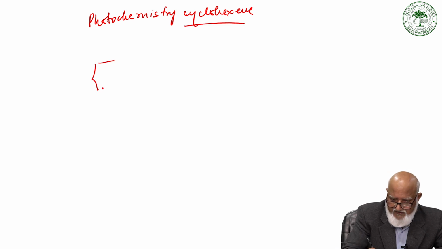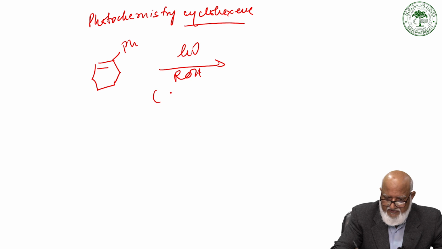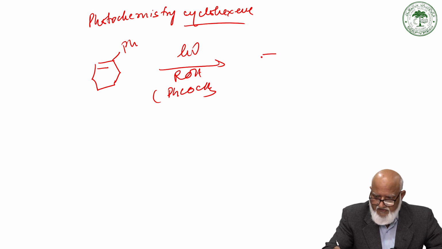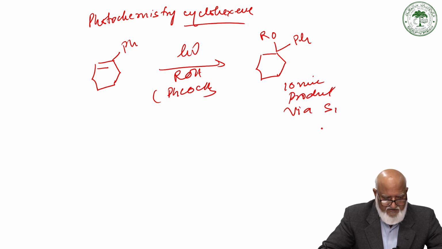If we have this one in the presence of methanol, ROH, and the sensitizer is acetophenone, it gives the ionic product, OR plus phenyl, via the S1 state.